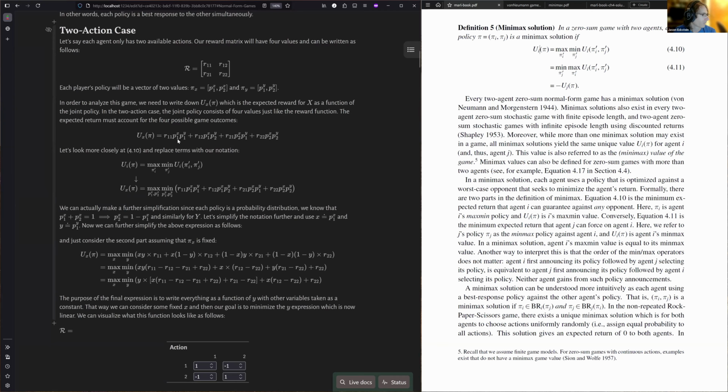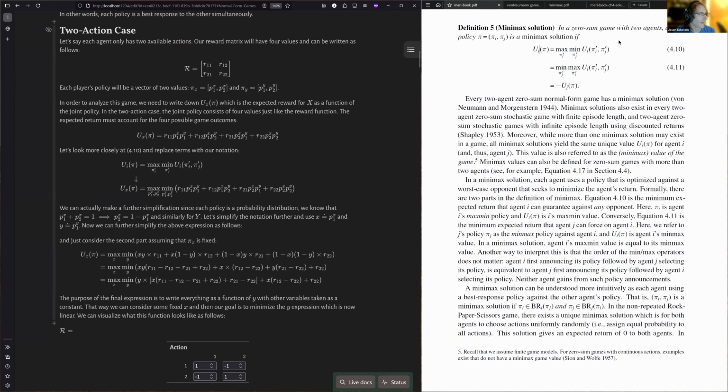And then this is the joint probability of that happening. We're assuming here the policies are not correlated again, right? These are independent probabilities. So this product of probabilities, this is an expected value because we're taking all of the possible rewards that X could get, and we're doing a weighted sum of them by the probability, which is the definition of the expected value.